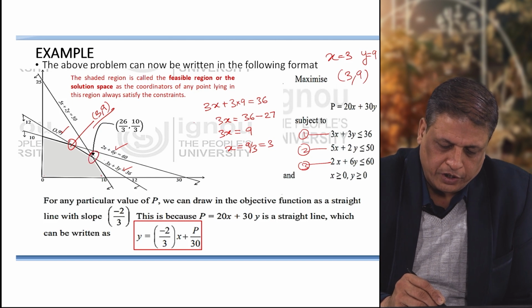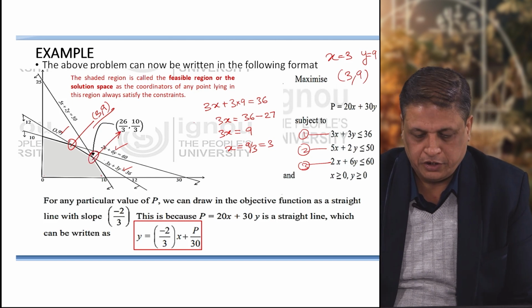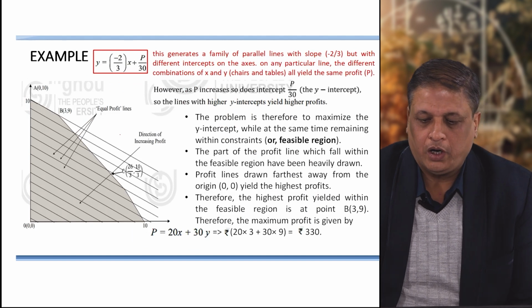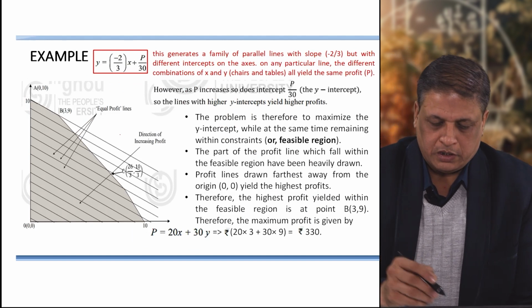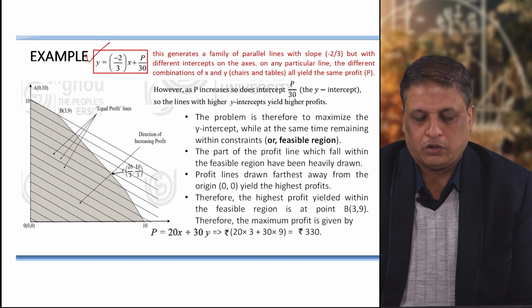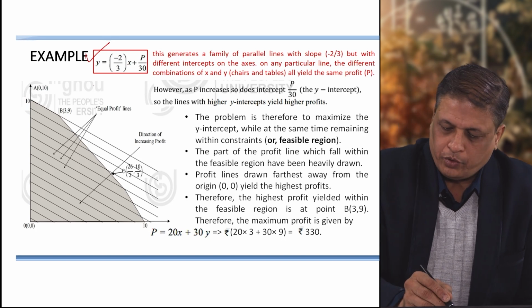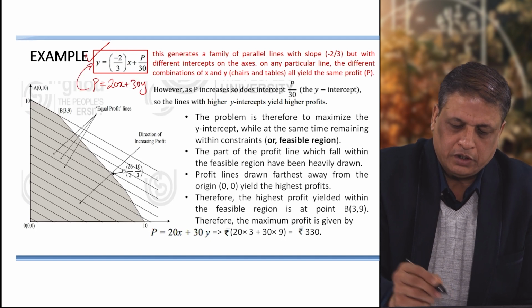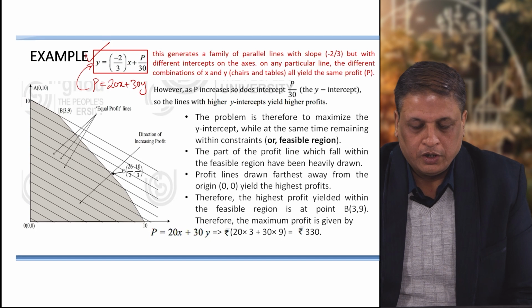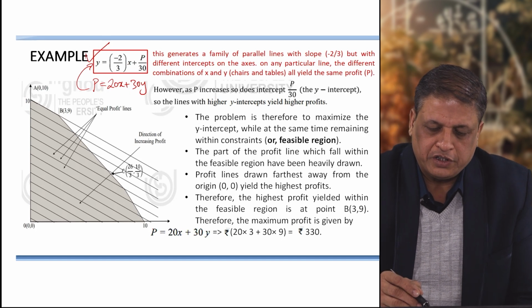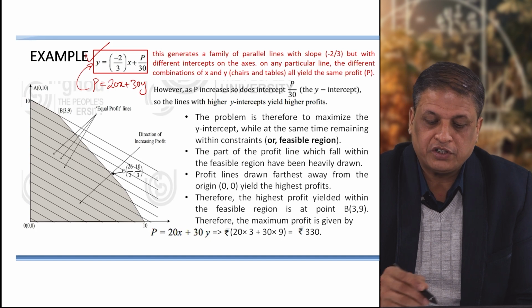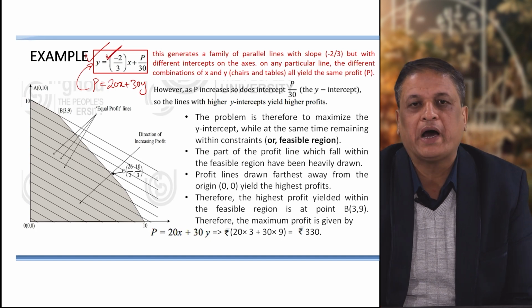Similarly, you can determine this other point of intersection, 26 by 3 comma 10 by 3. Now, it is very important to understand what this equation was all about. We rearranged the equation P is equal to 20x plus 30y, and we got this as the equation of a line. This is the equation of a line which generates n number of lines with the same slope, and the slope is minus 2 by 3.